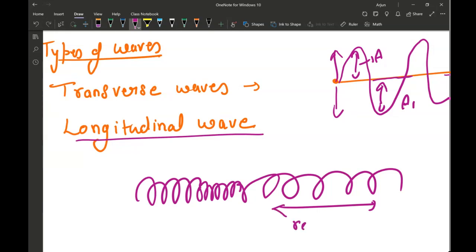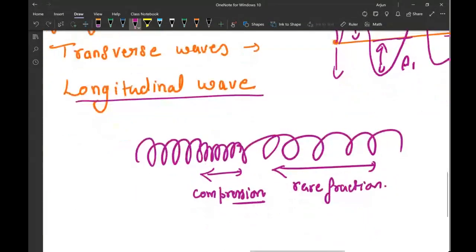So this portion is called rarefaction. In simple words, I'm going to call it expand or stretch. So this is compression. That's how the signal gets transferred.